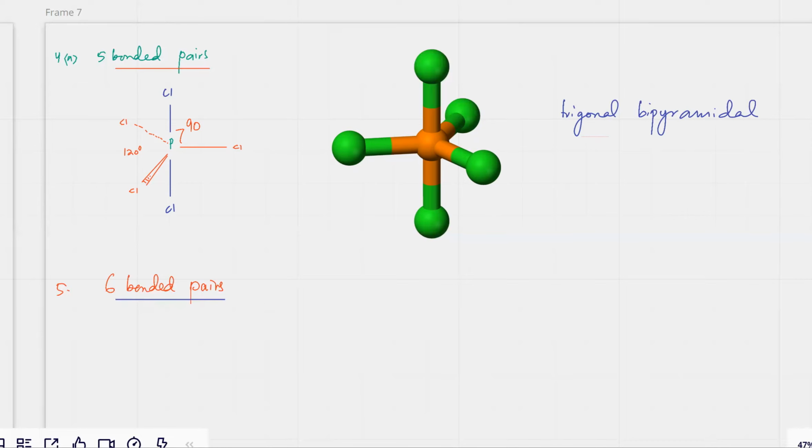Now in 6 bonded pairs, like in an SF6 molecule, you've got 1 fluorine sticking on top. One of the fluorines would be over here on the right, one would be on the left, one would be at the bottom.